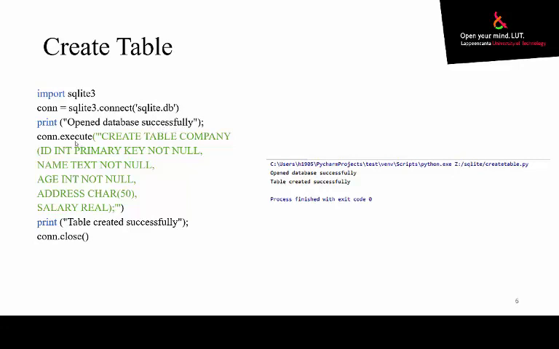And then what the connection execute here does is basically a routine that executes SQL statements. So you can use that to create tables and updates, as you will see later in this tutorial. So here we try to create a table company, and then we print out at the end that the table has been created successfully, and then we close the connection.